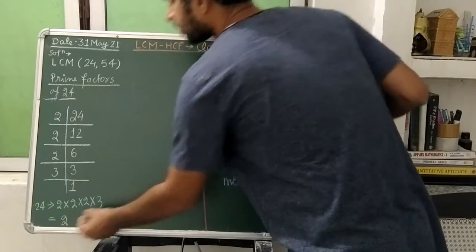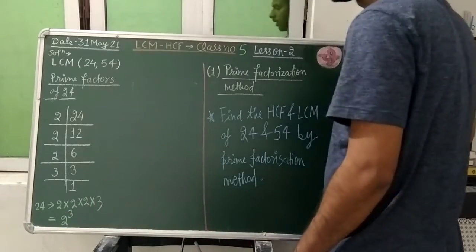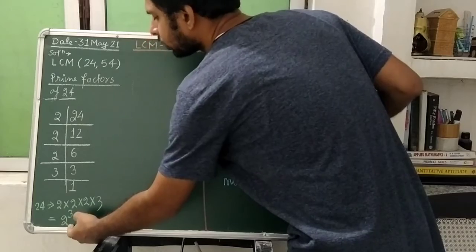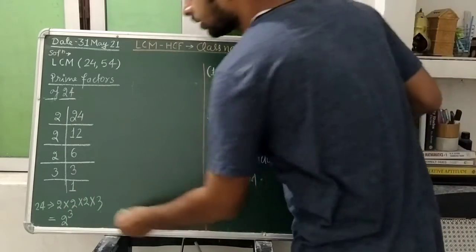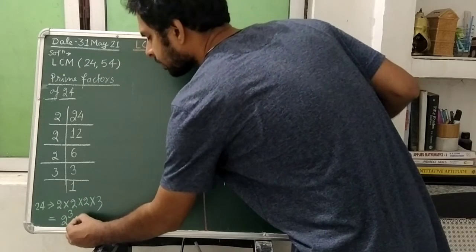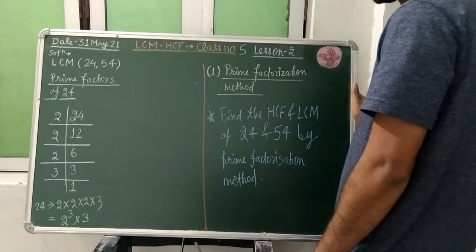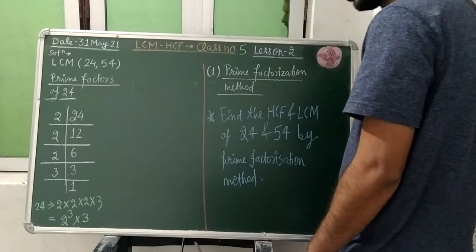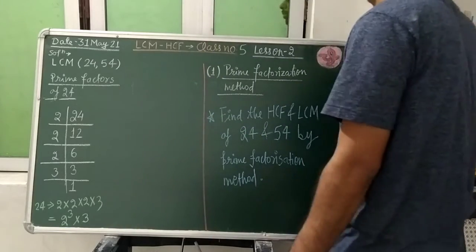We can write it as 2 to the power 3. When we write 2 to the power 3, it means we are multiplying 2 three times. So 2 we have written in this way. Of course 3 is present only one time, so we shall write only 3. Okay students, so it will be the prime factorization of this 24.